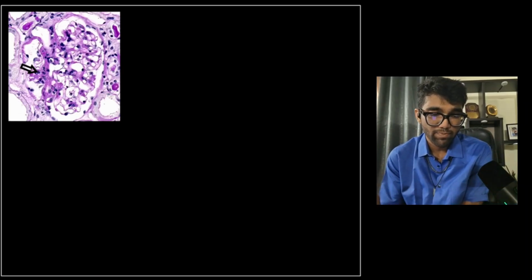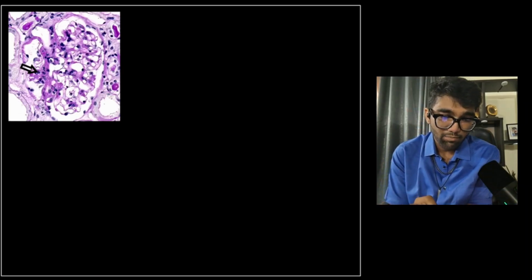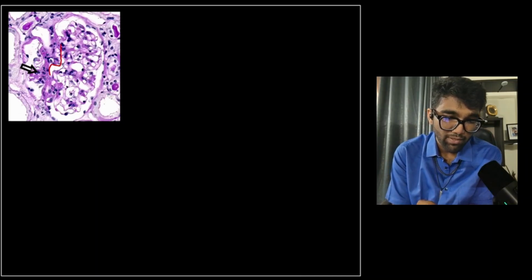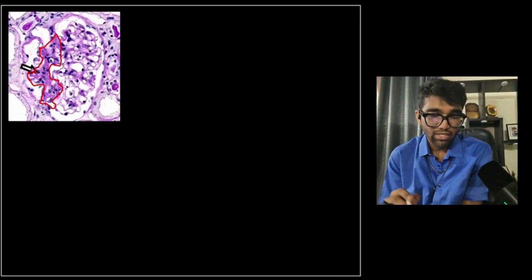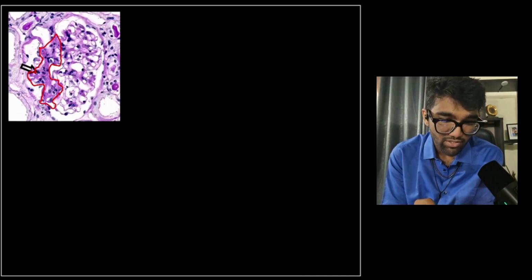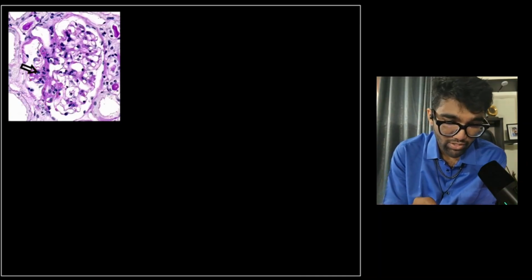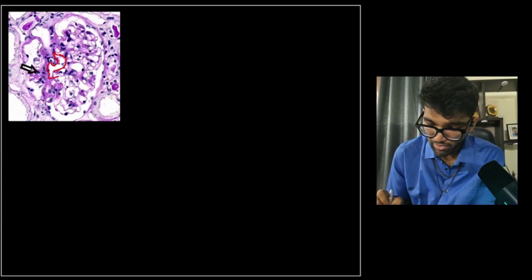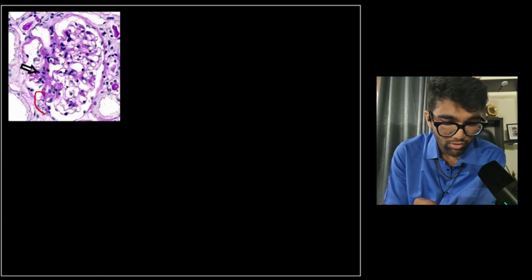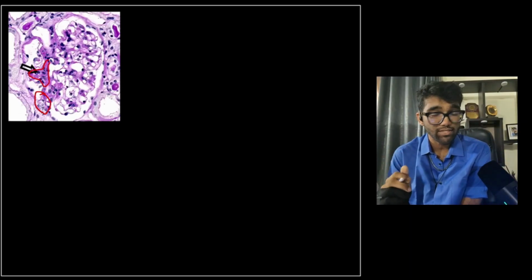So in this first micrograph, what I find is that a portion of the glomerulus has been replaced by this kind of proliferation. Now, this proliferation is actually not affecting the capillary basement membrane. So the capillary basement membranes are spared. Okay, and this is the vascular pole. Away from the vascular pole, in this particular area, you've got an increase in mesangial cell nuclei.